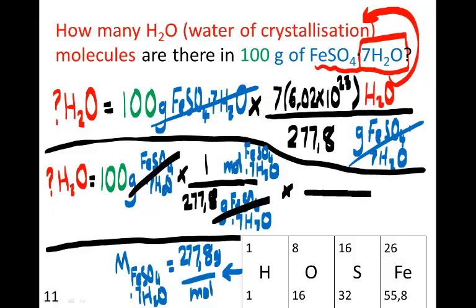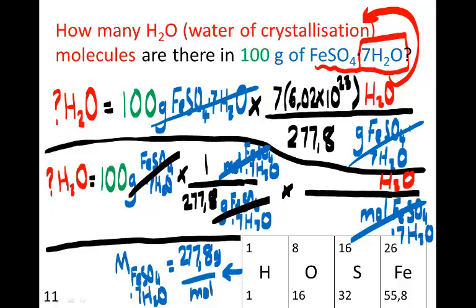We need to get rid of it. That's why we're going to have another conversion factor over here. And that has moles of iron sulfate dot 7H2O at the bottom to cancel those moles out. And it has H2O, not moles of H2O, but H2O at the top. And we know that 1 mole of iron sulfate has 7 moles of H2O. 7 moles of water is 7 times 6,02 times 10 to the power 23 water molecules.